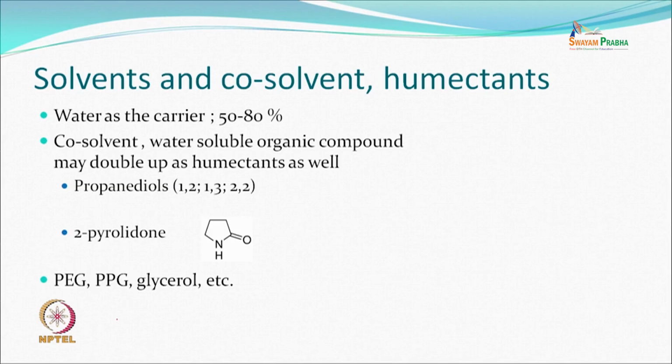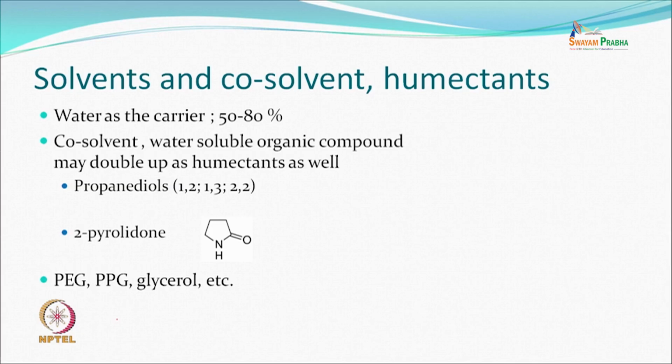Water obviously is a carrier which may form about 80% of the volume. The co-solvent, water soluble organic compounds, may also double up as humectants as well. That would mean you will have to add less amount of material.